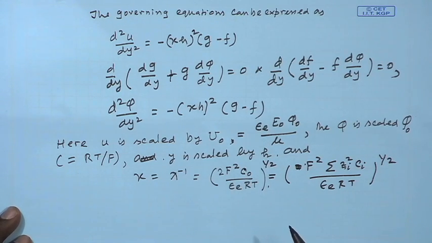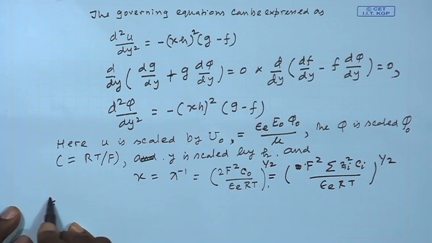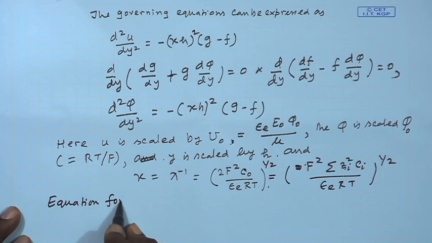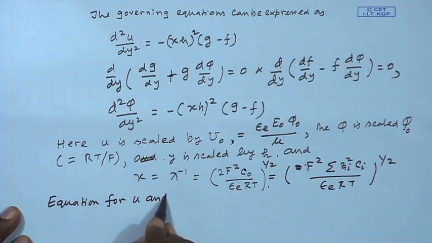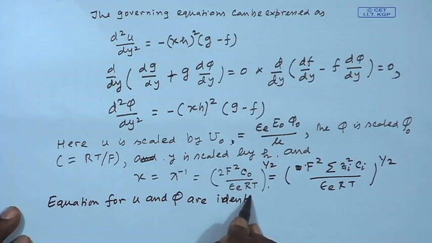Another thing is that from here, the equations for u and phi are identical, however their boundary conditions are not the same.